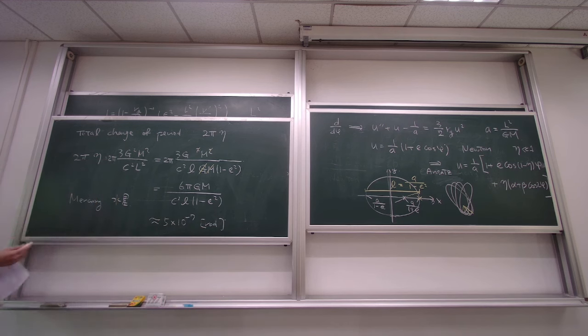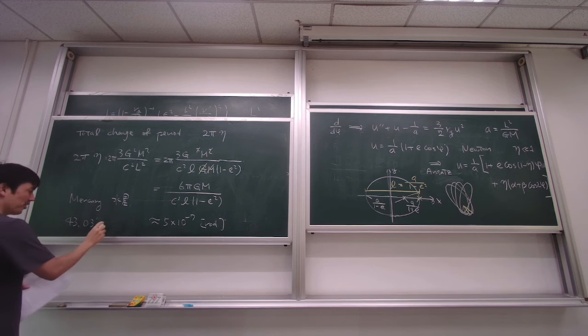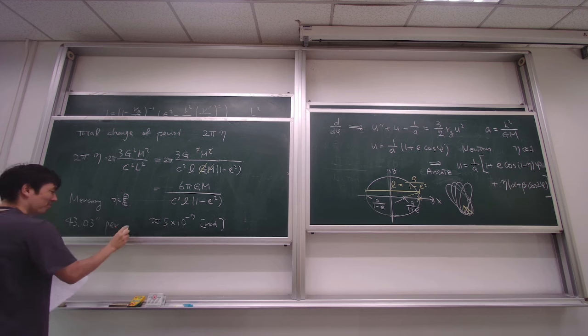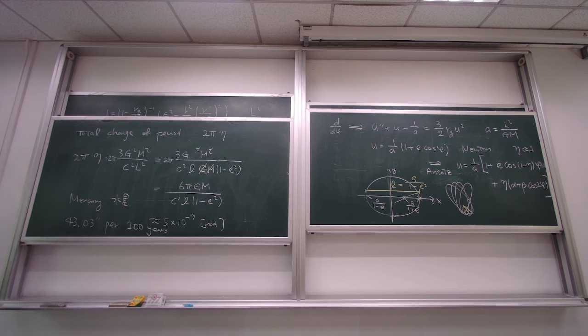Which means that it will change 43.03 seconds per century. 1 century, 100 years. Okay. So only this amount will change. Okay. It's very small, tiny correction, but this one is already experimentally verified.